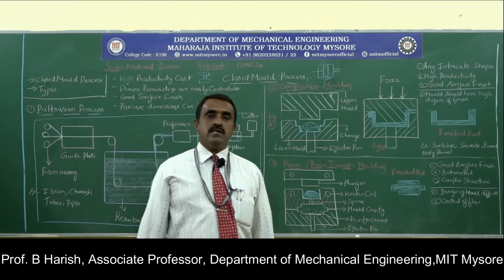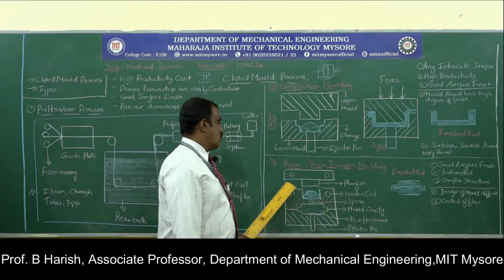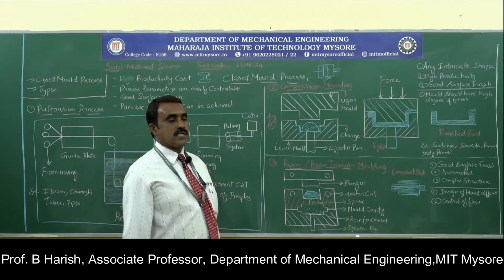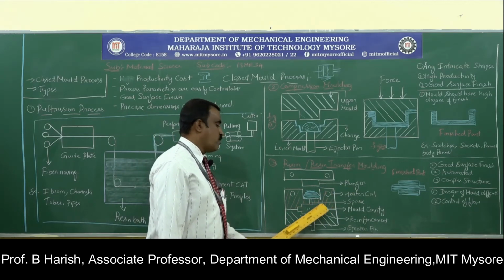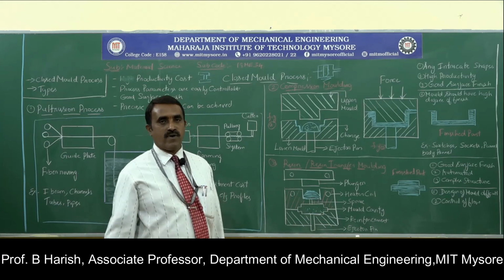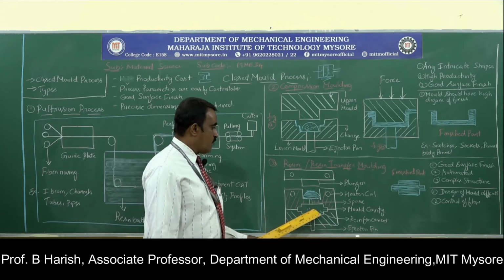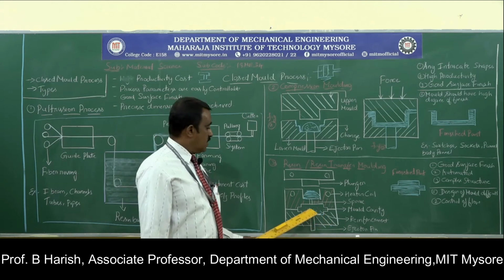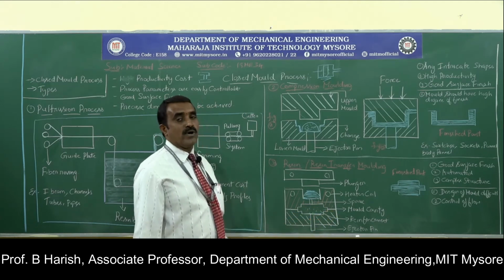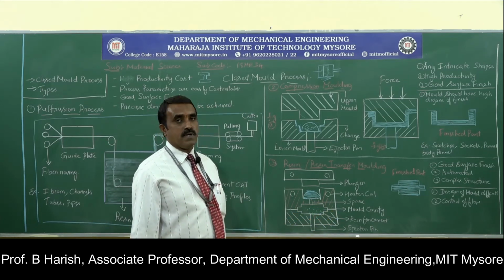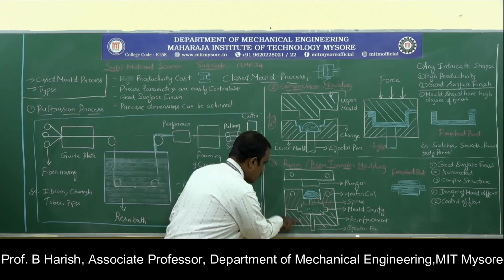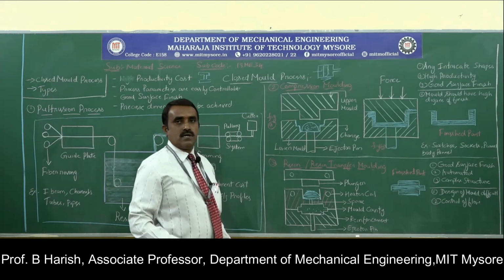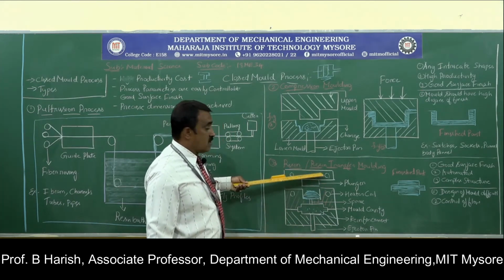Resin is transferred into the mold box. Here is how the process is carried out. This is the shape of the mold. Initially the shape of the mold will be finalized and reinforcement will be filled in this mold cavity. You can see this is the bottom portion, this is the upper portion, and this is the plunger, not the upper mold.